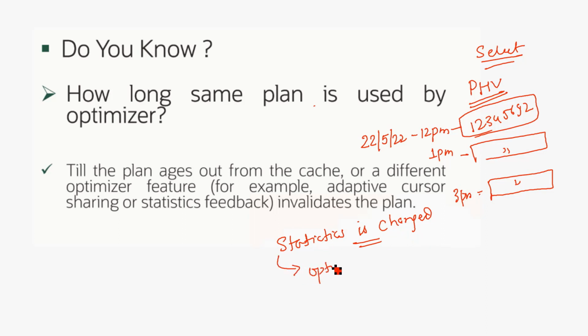In that scenario, the best plan will be decided by the optimizer, right? Then on that basis, the optimizer will select a different plan hash value, like 3456792 3. So it depends on the statistics of the table. If the table statistics change, the optimizer will select plans according to the statistics. And the plan can age out if the statistics are changed.